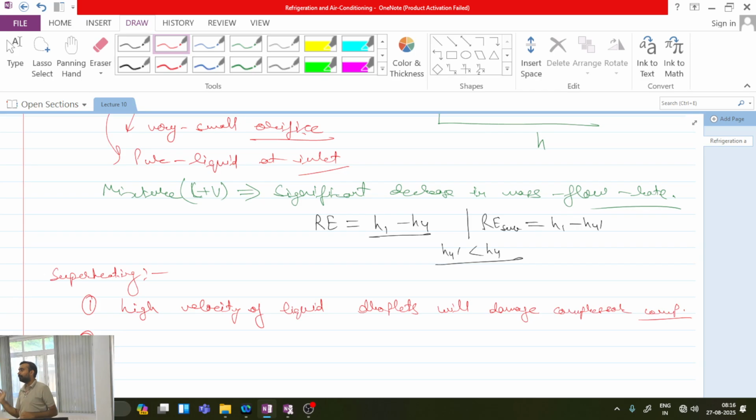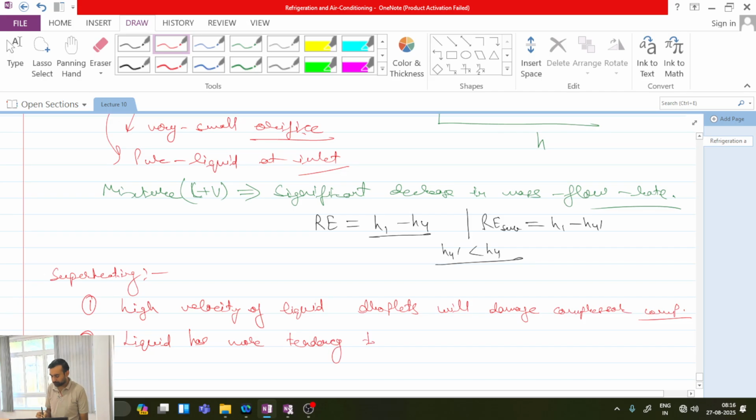Okay, so if the liquid will be carrying the lubricating oil, ultimately we will find there will be deficiency of the lubricating oil in the system, and ultimately that will lead to increase in friction and increase in the compressor work. Okay, so liquid has more tendency to carry lubricating oil.